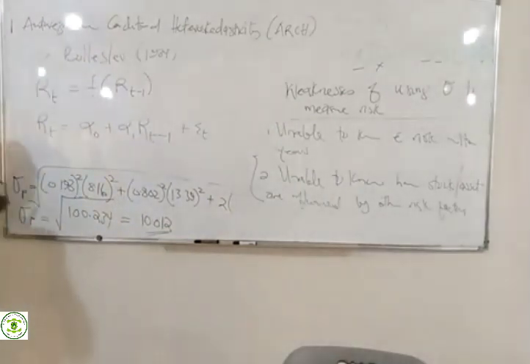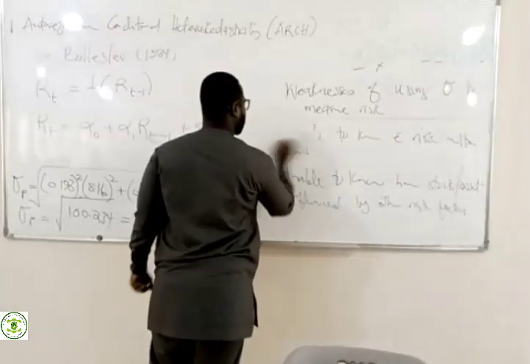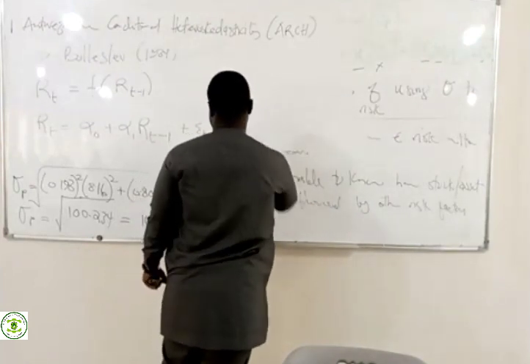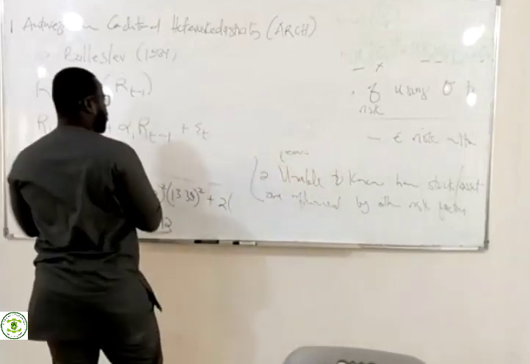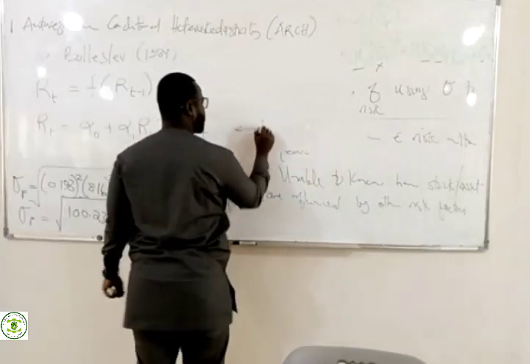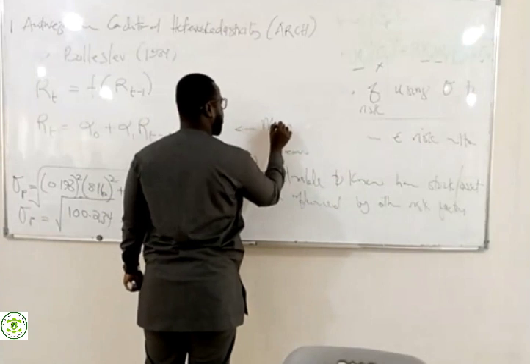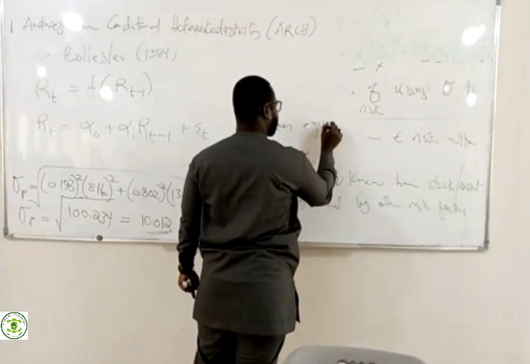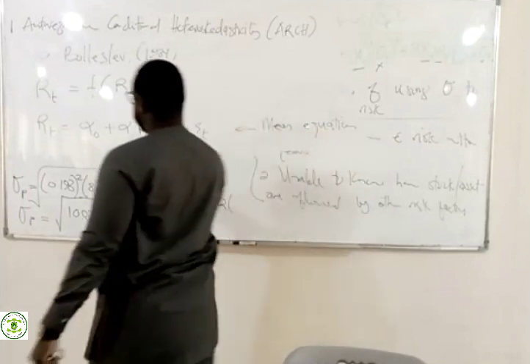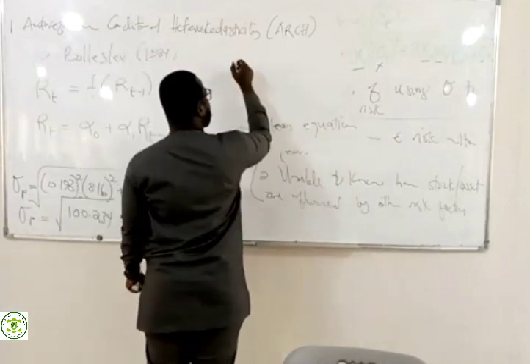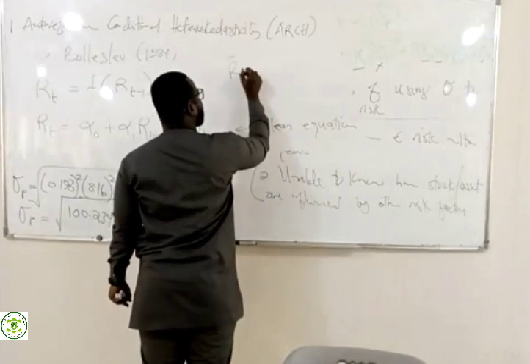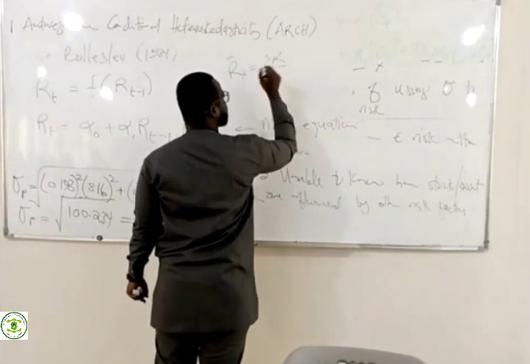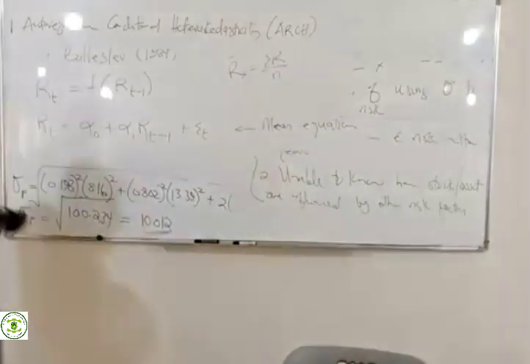What we are seeing here is called the mean equation, or mean return equation. What we're writing as R is equal to this, and that's the mean return equation.